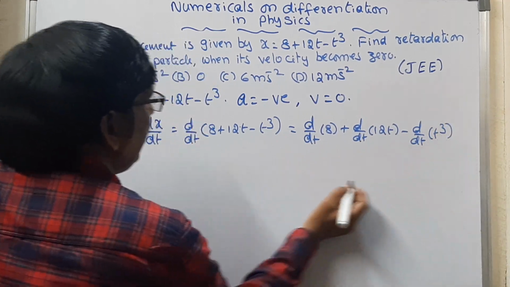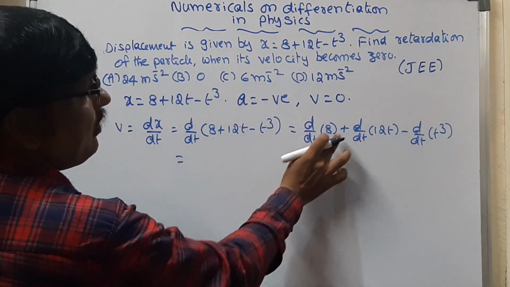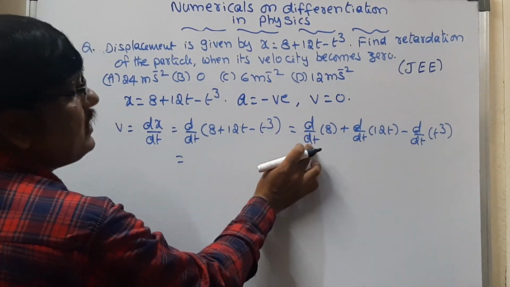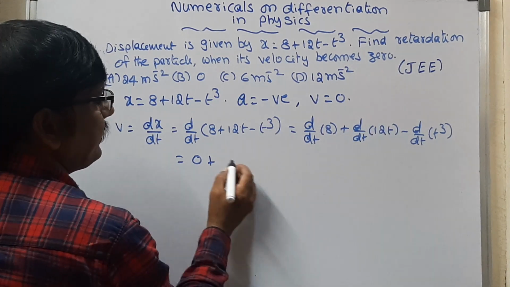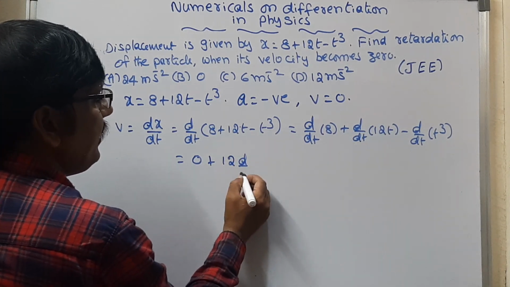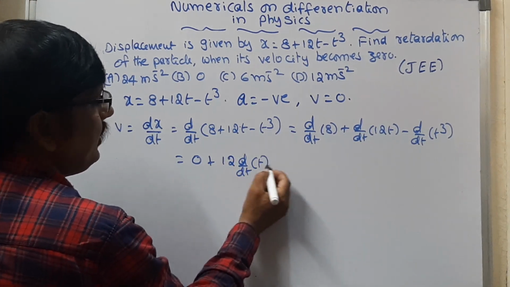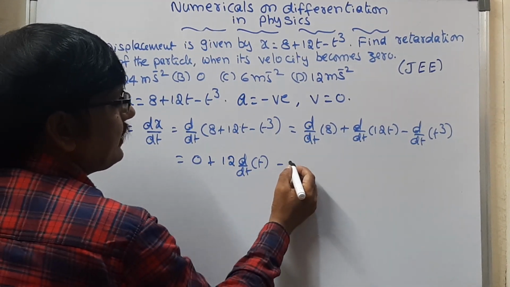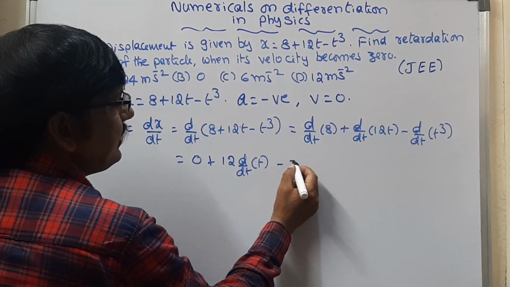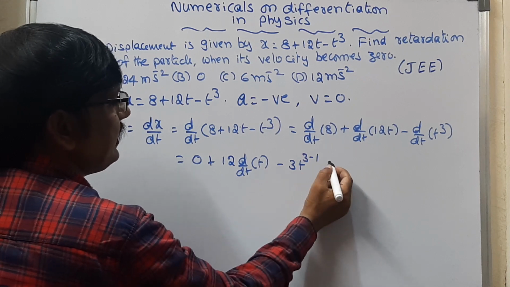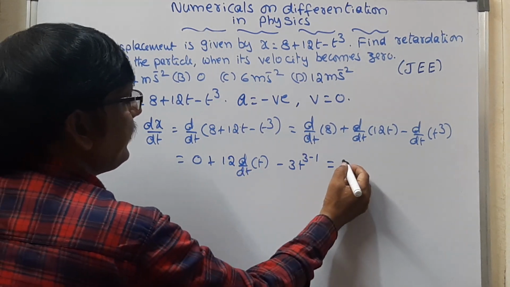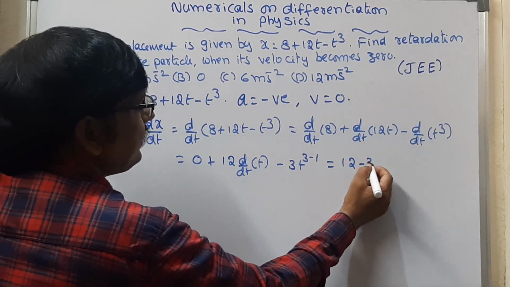Differentiation of a constant is 0, plus 12 into d by dt of t, minus 3 into t power 3 minus 1, that is equal to 12 minus 3t square.